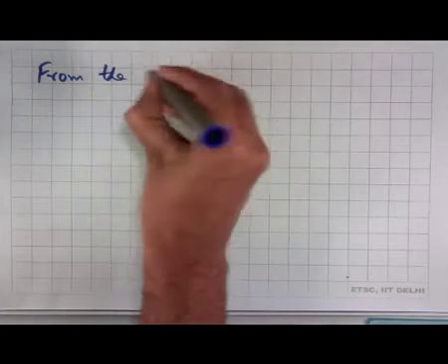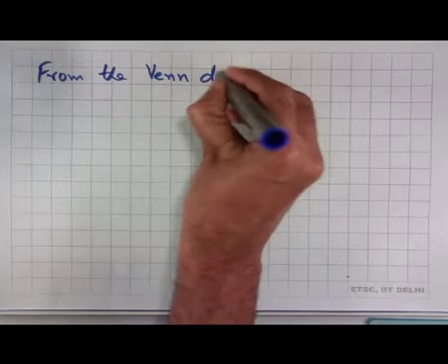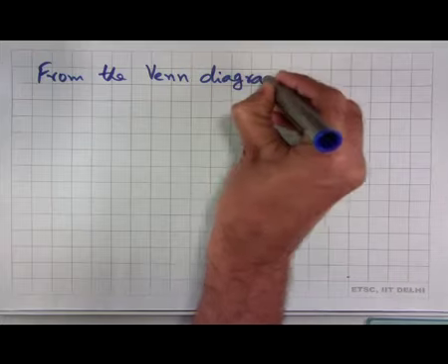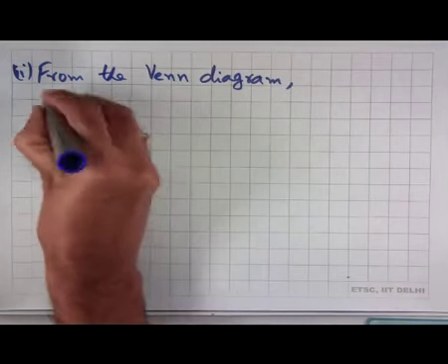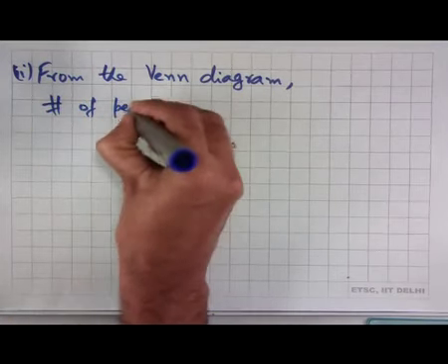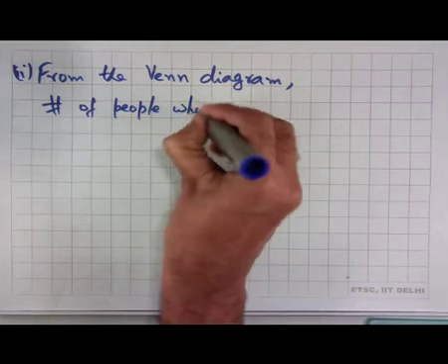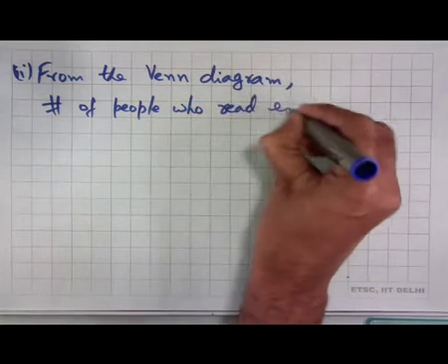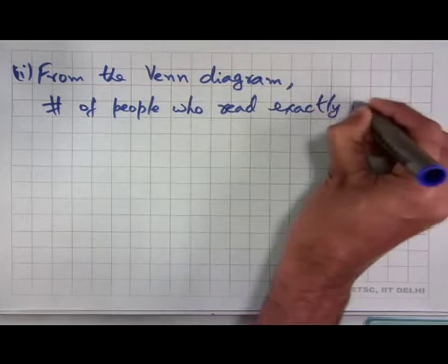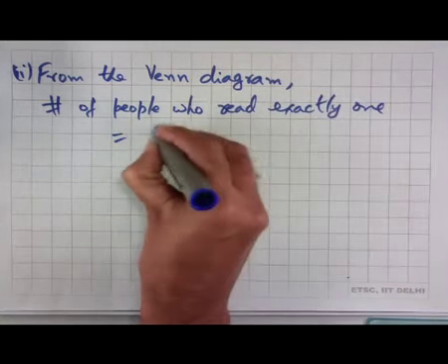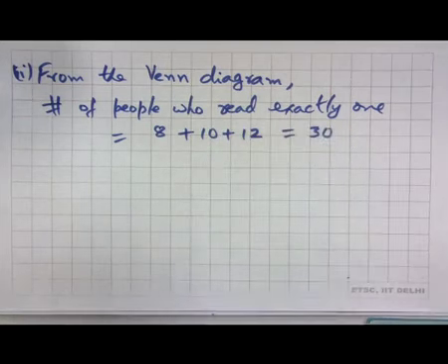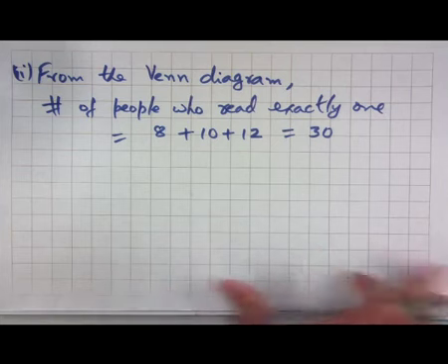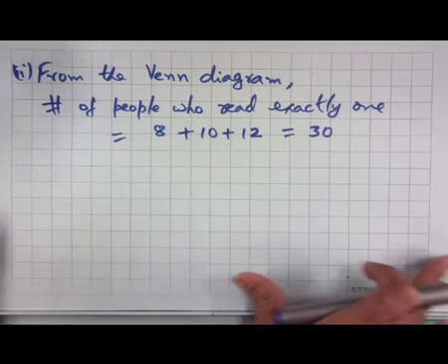From the Venn diagram, number of people who read exactly 1 is equal to 8 plus 10 plus 12, which is equal to 30. Right. So, this way you can quickly calculate these numbers if you have objective questions.